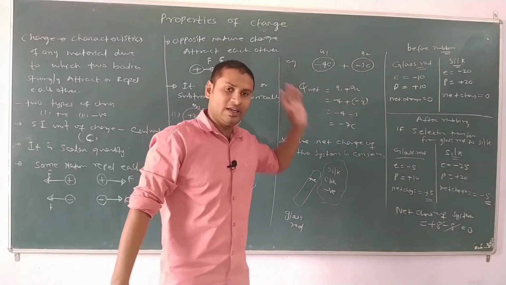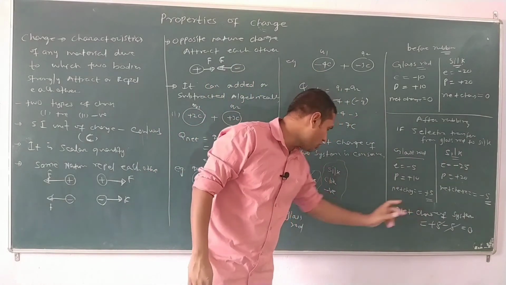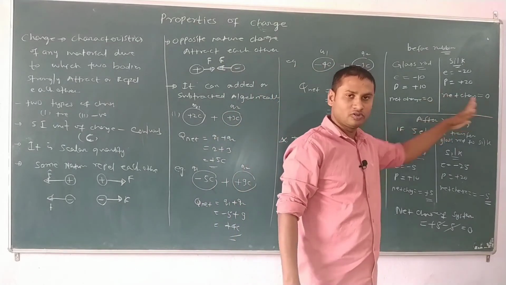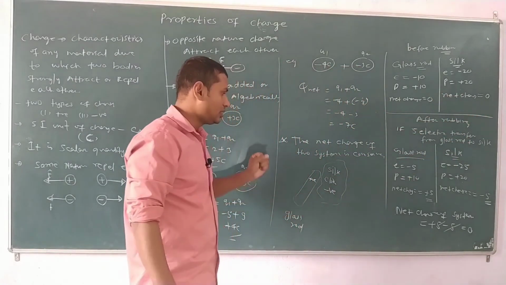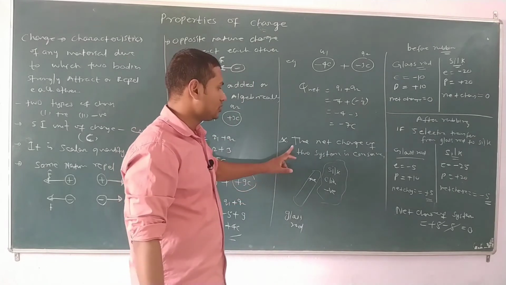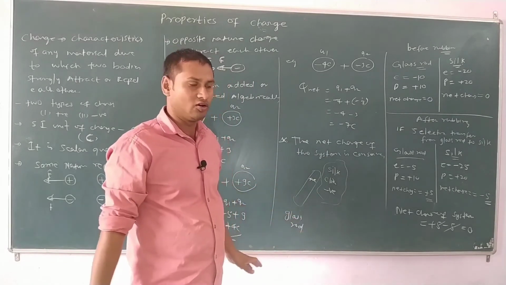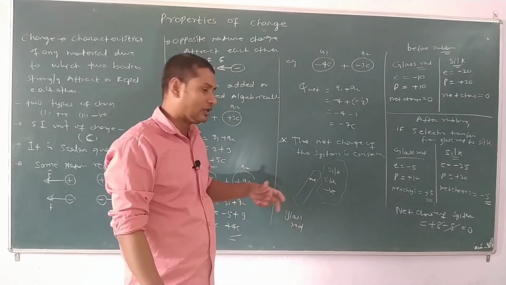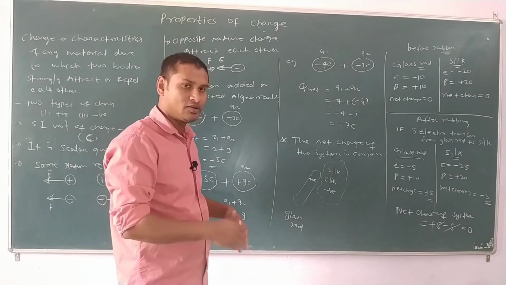This net charge after rubbing is 0 and the net charge before rubbing is 0 plus 0, also 0. So we can say the net charge of the system is conserved. There is no change, or there is no creating of electrons. New electrons you cannot create, or new charge you cannot create.